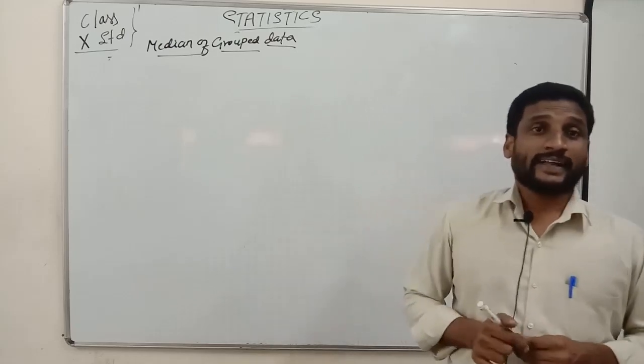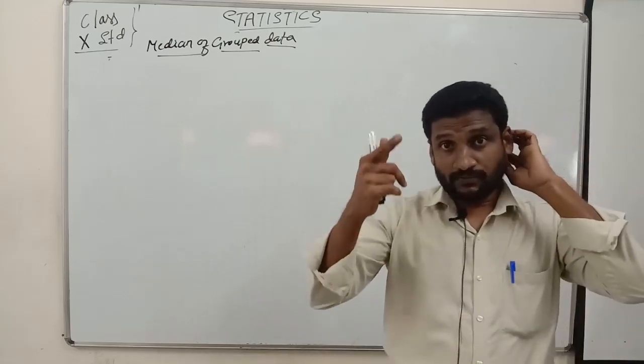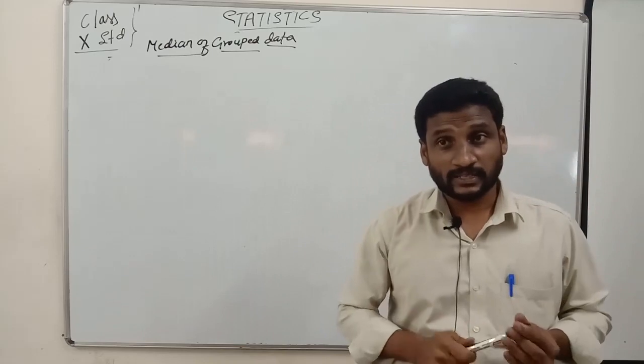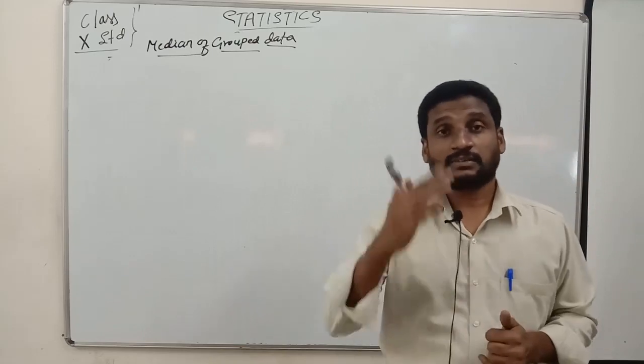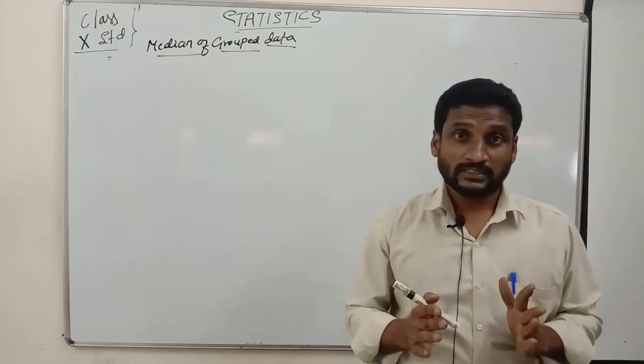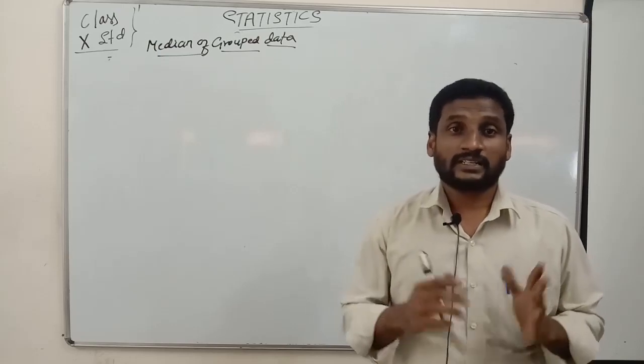Then again there are two methods. If the number of data is an even number, that formula is different. If the number of given data is an odd number, then you get another formula.